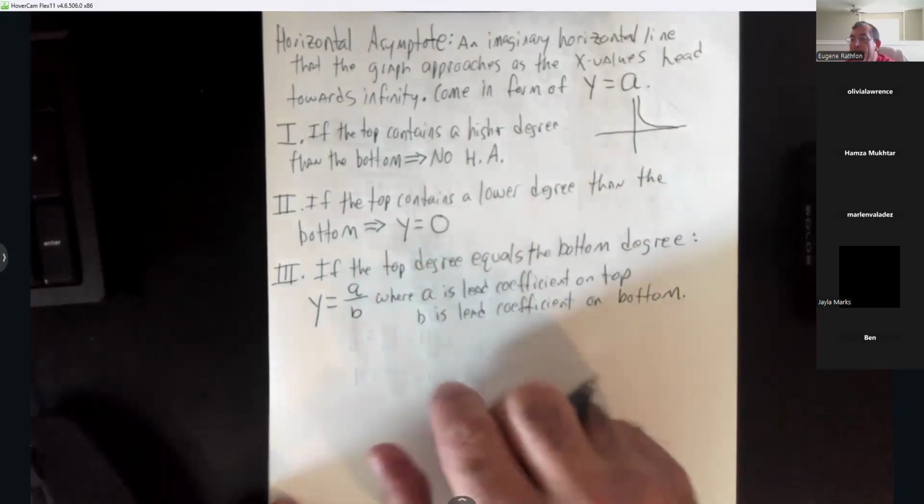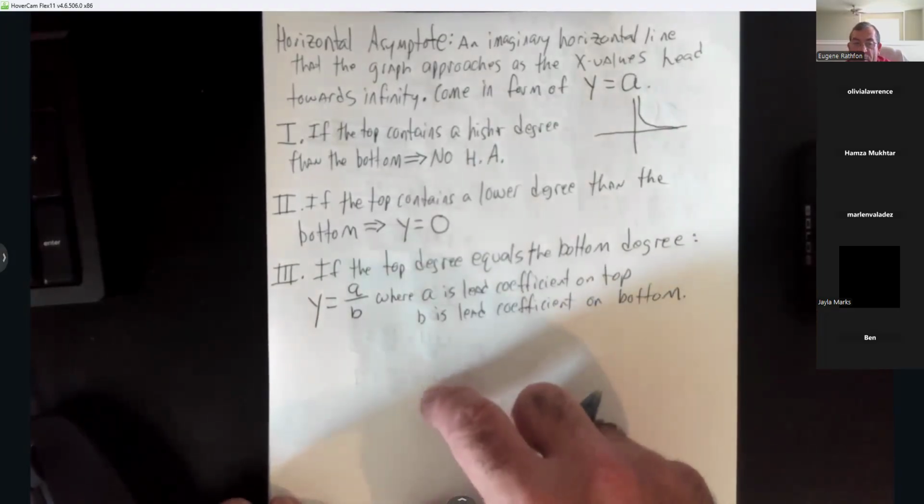Lead coefficients are the numbers in front of the variables with those highest exponents, okay?